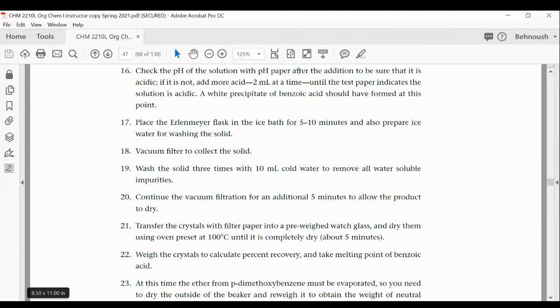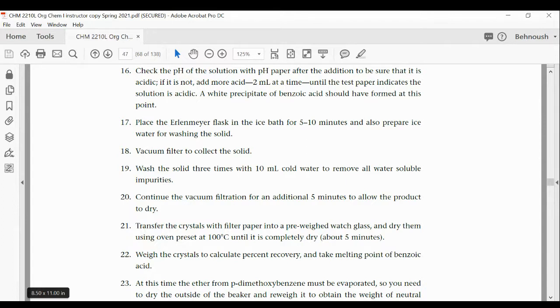You add HCl to make it acidic, allow crystals to form, precipitate benzoic acid, but oversaturating at low temperature. Okay, so this is going to help you with the maximum recovery of benzoic acid, because at lower temperature, more crystals are going to form because the solubility is lower.